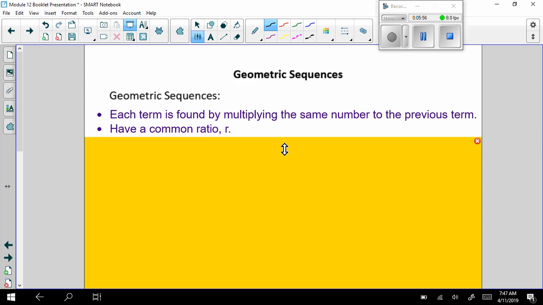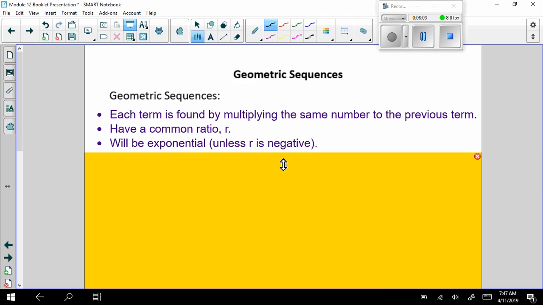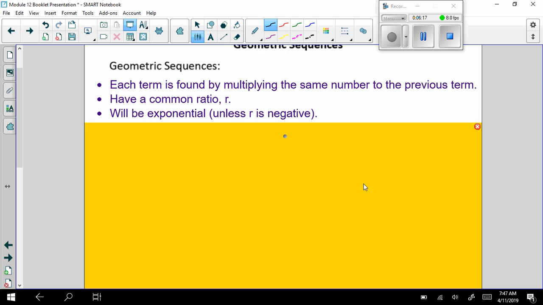They have a common ratio, which we call r. That's the thing we're multiplying by. And these will be exponential unless the r is negative. Because if the r is negative, our exponential doesn't quite work. We'll still be able to use these formulas. It's just not going to follow exactly with our exponential functions that we've talked about before.